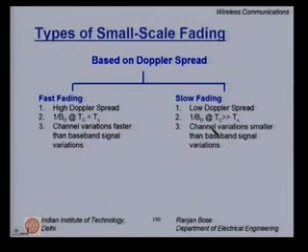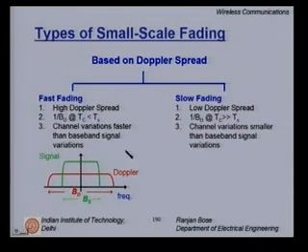The channel variations are smaller than the baseband signal variations. Fine. So, again we are talking about two types of classifications, the fast fading and the slow fading. Both of them depend upon how big or small your T_S is.